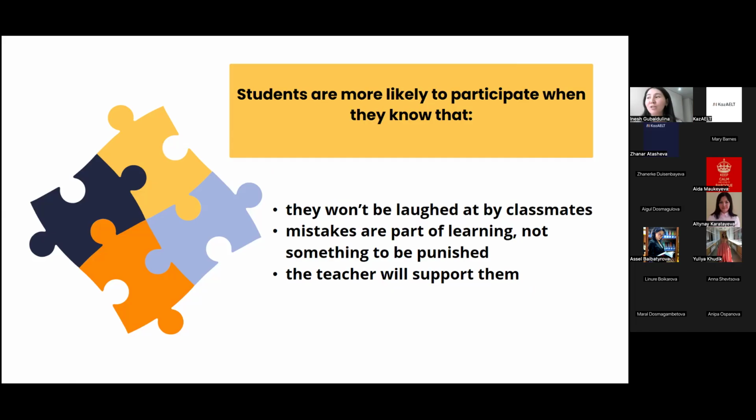Here, respect rules can help teachers. Next one, mistakes are part of learning, not something to be punished. Teachers and students should know that in this part of learning they are not assessed. They are learning, and only for certain parts are they assessed and can get marks. The teacher will support them.